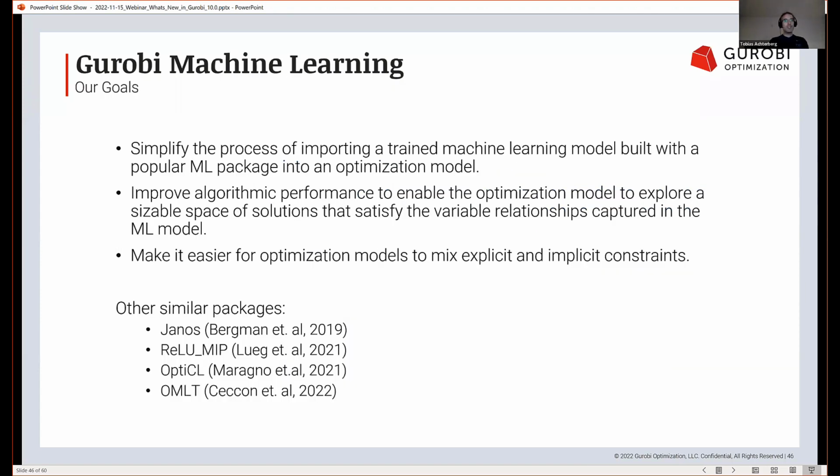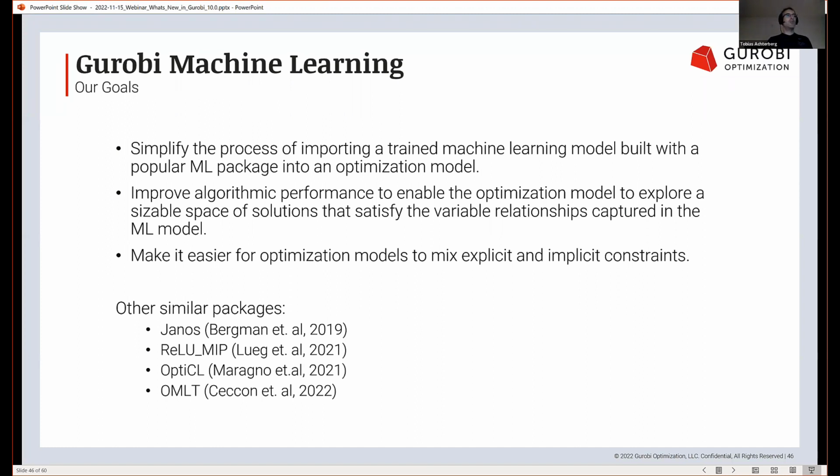The second package I want to discuss is the Gurobi machine learning package. What is the goal of this package? We want to simplify the process of importing a trained machine learning model that was built with one of the popular ML packages into an optimization model.